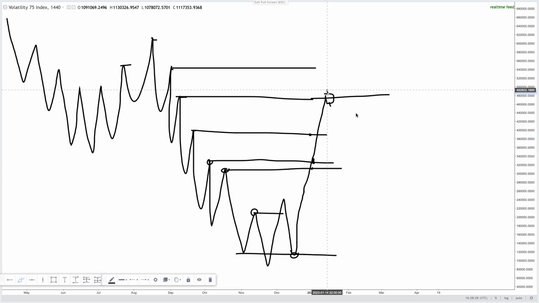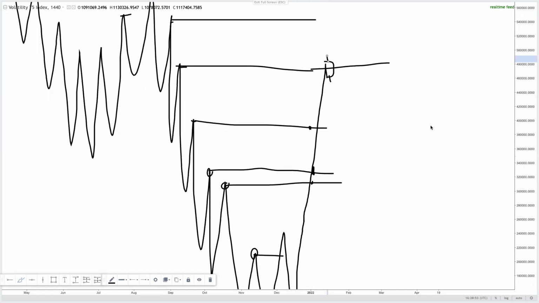We usually make our decisions after the close of that candlestick. So when this candlestick closes, that's when we make our decisions on whether it's a reversal candlestick or it's not. If it's a reversal candlestick, then we are going to start looking for a re-entry.